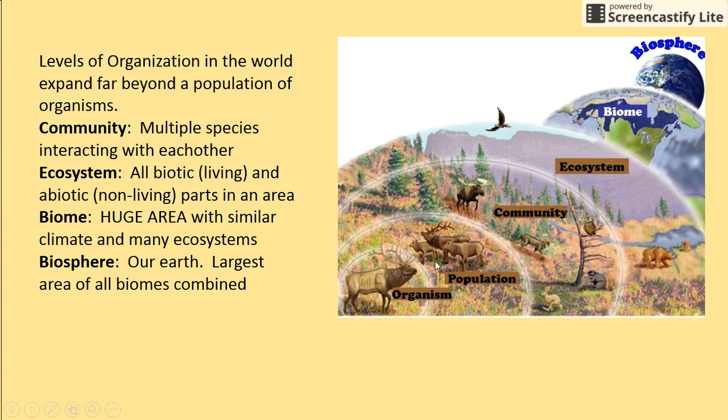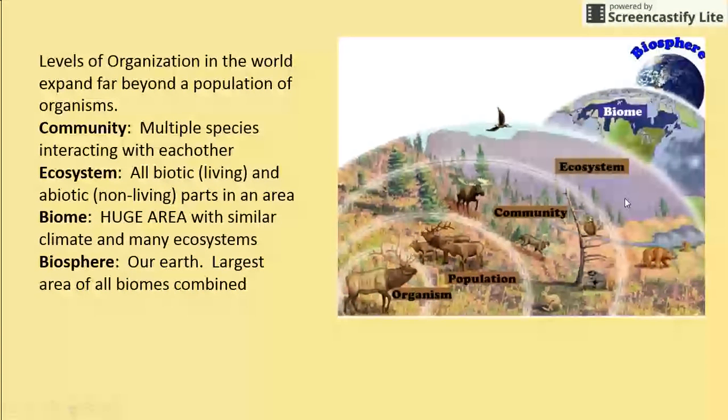We do go beyond that though. So beyond just our organism and our population, we also have our community, which is multiple species interacting with each other. So we have like a moose here, maybe a fox, a rabbit, kind of like our food webs that we've already learned about. Then we get into ecosystem, which is taking all of the community and adding in also our abiotic or non-living parts.